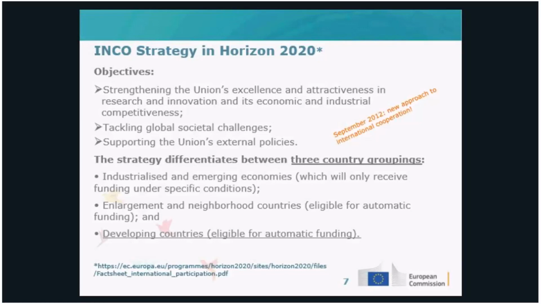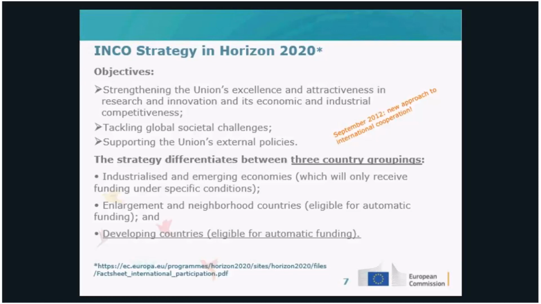So these three categories are, first, the industrialized and emerging economies. These are developed countries like US, Canada, Australia, which are not receiving automatic funding from Horizon 2020, but under specific conditions.